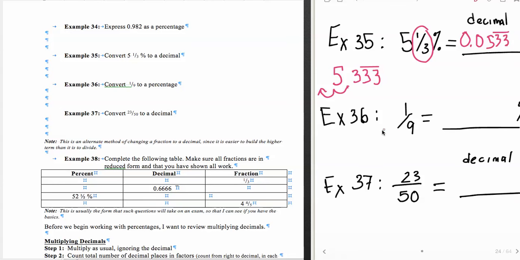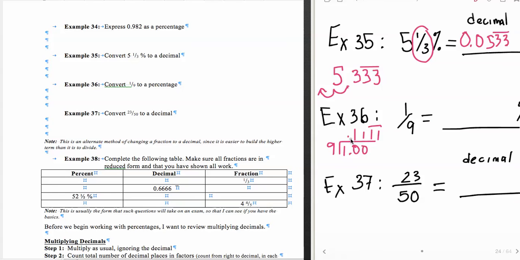Now, example 36, 1/9 as a percentage. The first thing we're going to do is change this to a decimal, right? 9 goes into 1.000, and hopefully you remember that that gives us 0.1111, and so on, repeating.